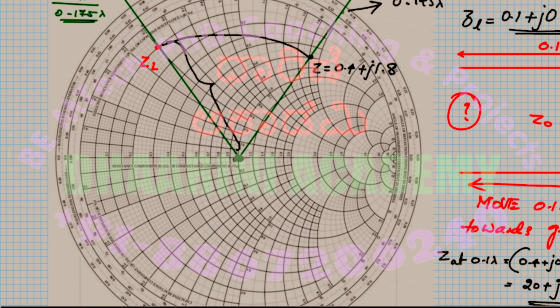I need to do one thing. Measure the distance. You had drawn a circle, right? The same circle you continue, and measure this distance. Anyway, you know that the distance is already known to you.